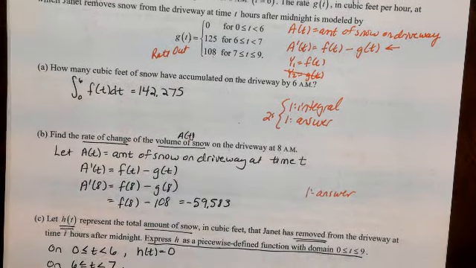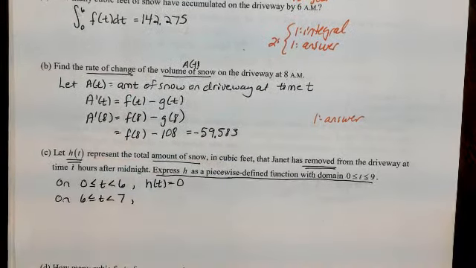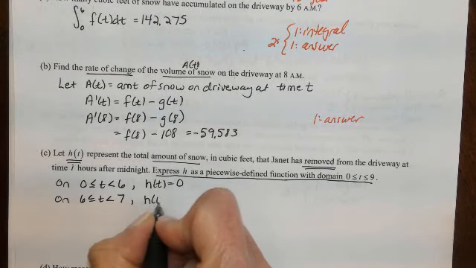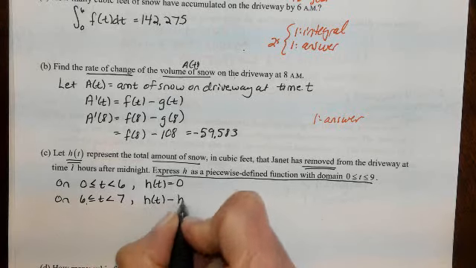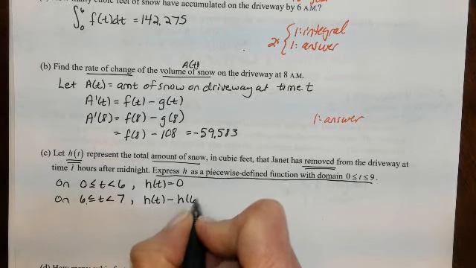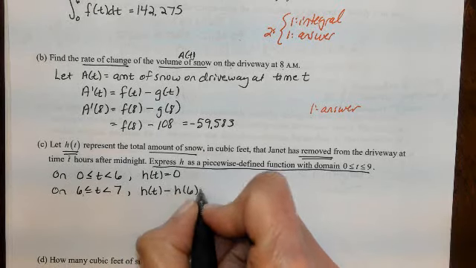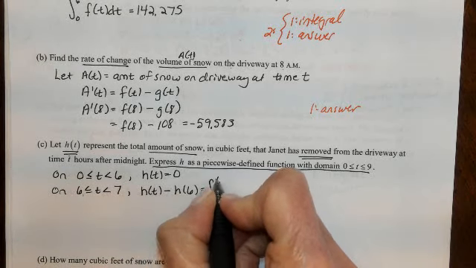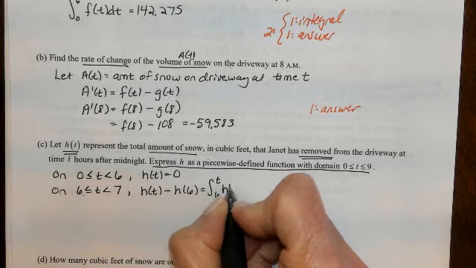H prime is my g of t. So I can set up a little fundamental theorem here. So on 6 to 7, h at any time minus h at the time this interval began, h of 6, is going to equal the integral from 6 to any time of h prime.